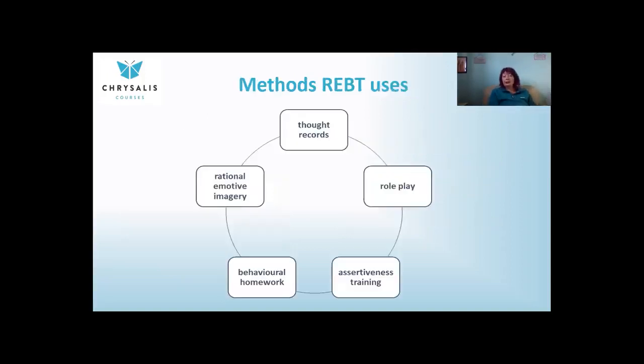Now, other methods that REBT uses, we might use assertiveness training. Group work often comes into REBT as well. There are groups.